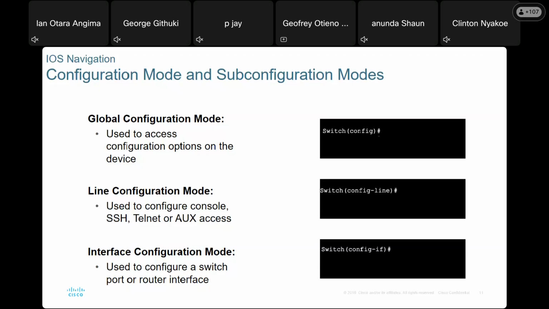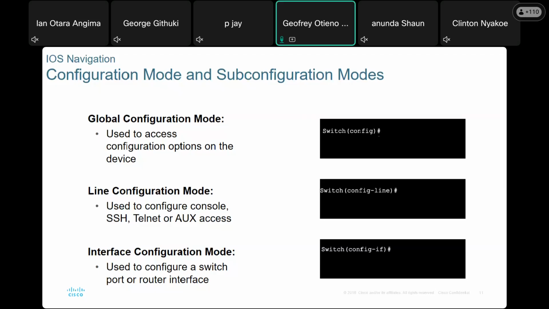You will affect the environment of the system. So that's the most important thing that I want you to understand. Whenever doing the configurations, be it passwords, be it the interfaces, be it some sort of routing that you want to do on various devices, always be on global mode.